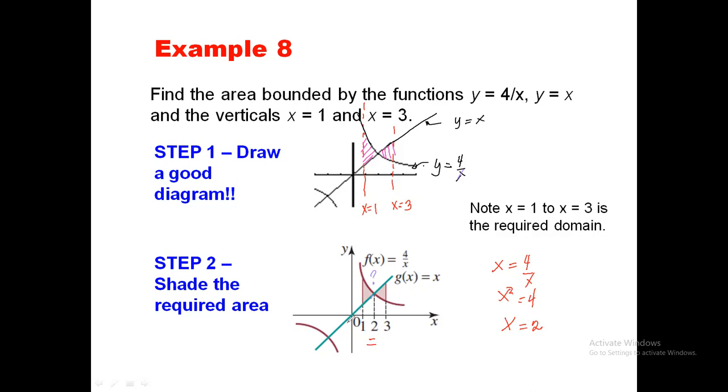So you're still going to use x as the limits because you have here from 1 to 3 and somewhere in the middle which is 2. So you will have two separate integrals to evaluate and you have to take the sum of the two. Before I proceed, do you have any question here?